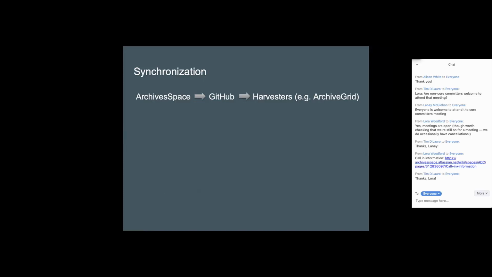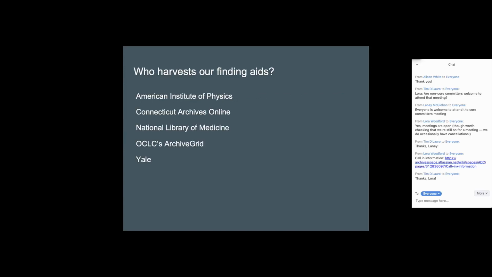Right now, we have a few different harvesters who check out our finding aids. The American Institute of Physics harvests a subset of our finding aids, for instance. We also submit all of our finding aids to Connecticut Archives Online, which is a service provided by Western Connecticut State University that provides access to finding aids from over 40 different institutions across Connecticut.